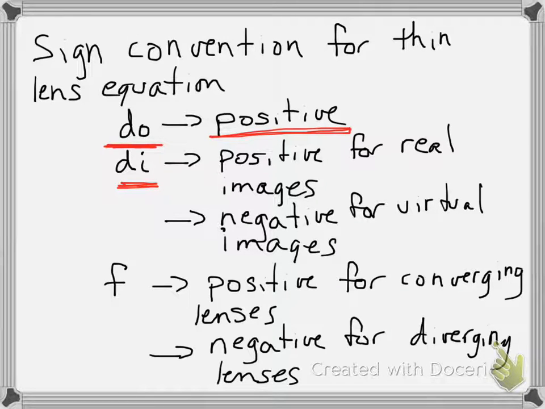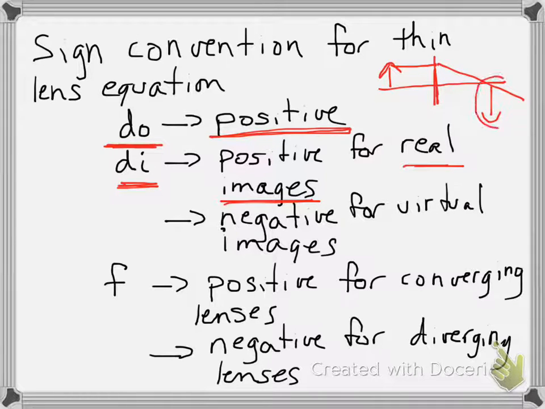If it's a real image, which means that if we had a lens here, and this is our principal axis, and this is our object, if the ray of light goes through and then forms an image over here, then this is a real image, right? It's gone through the lens and formed a real image.